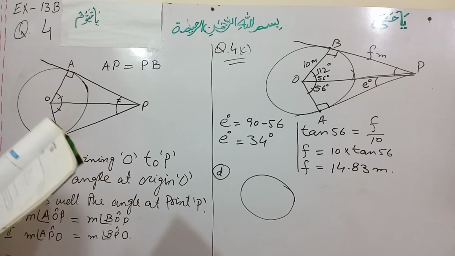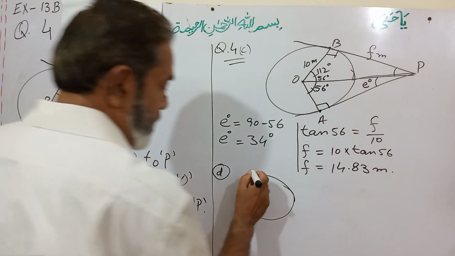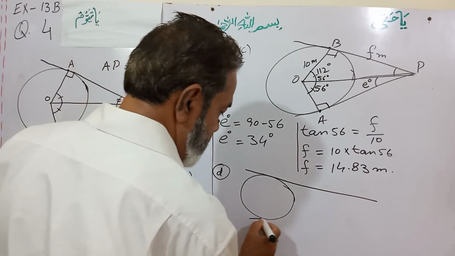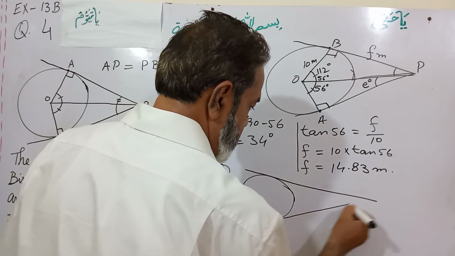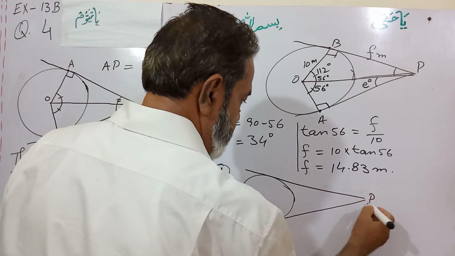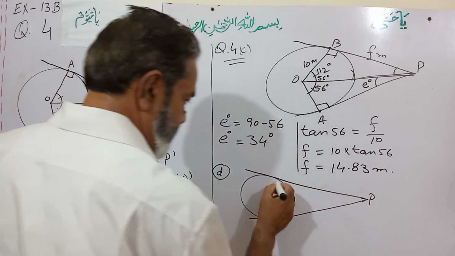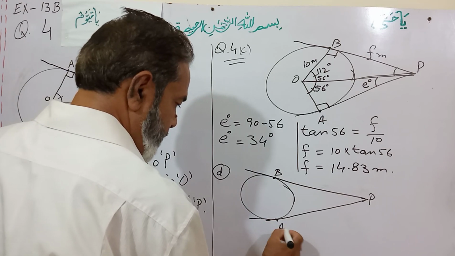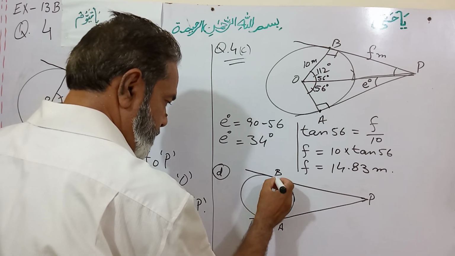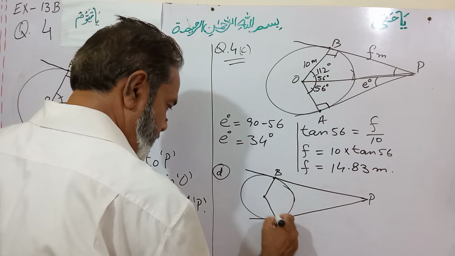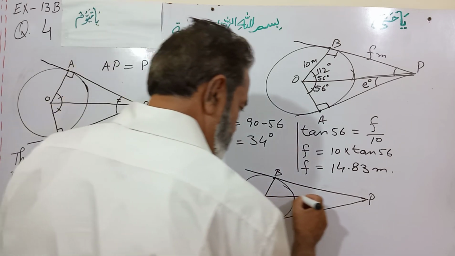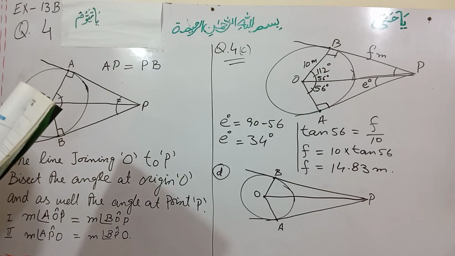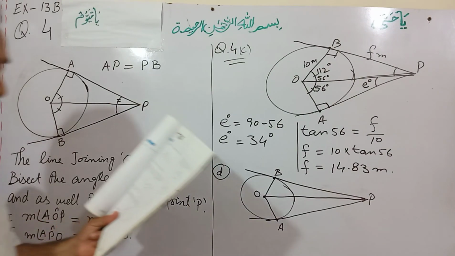Now the D part. In this, again, there are two tangents. Point P, this is the point B, and this is the point A. O is the origin, join O to A and B, and join O to P. He has given at P, that is 35 degrees.